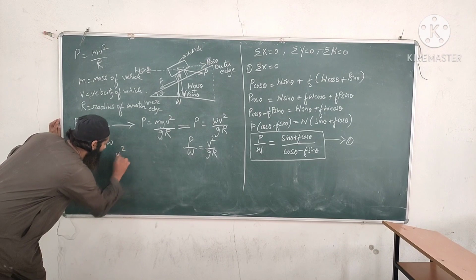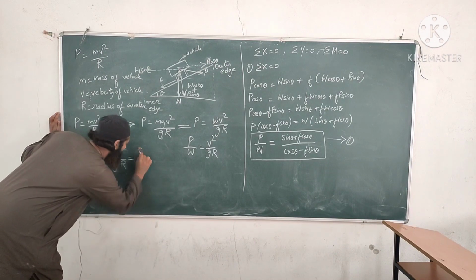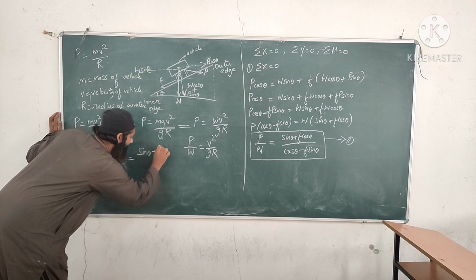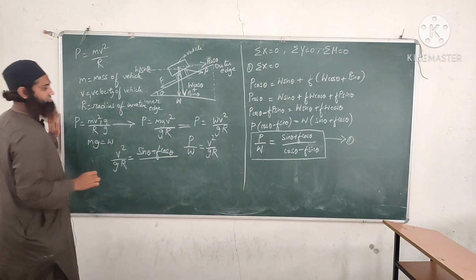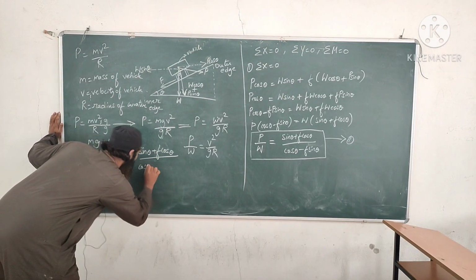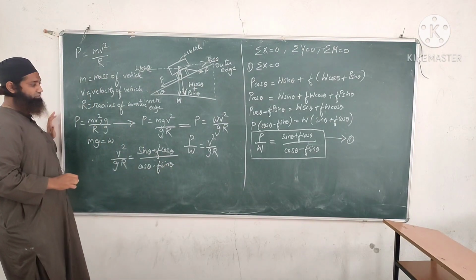So v square by gr is equal to sin theta plus F cos theta by cos theta minus F sin theta. Hope you have understood till here.